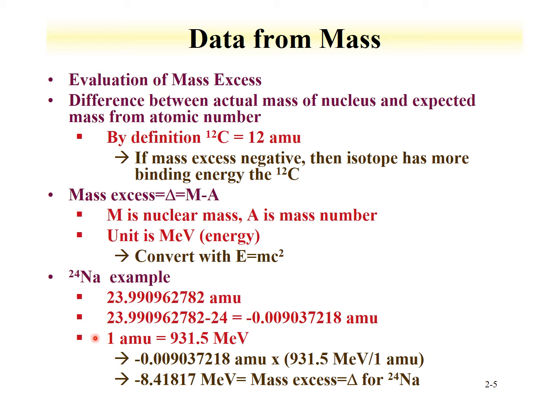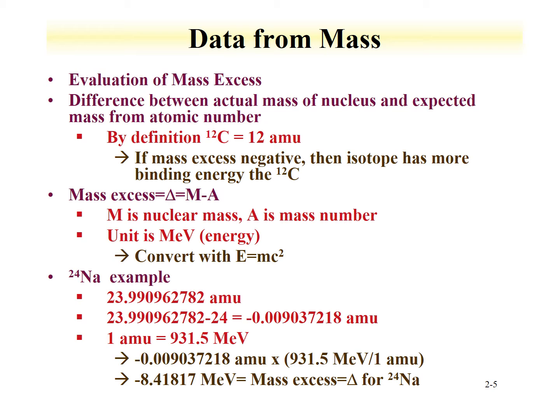It turns out that 1 atomic mass unit is equal to 931.5 MeV. So about 1 atomic mass unit is about 1,000 MeV, a reasonable rule of thumb. If I take this value and multiply it by 931.5 MeV per atomic mass unit, I get that the mass excess for sodium-24 is equal to negative 8.418, etc., MeV, mega electron volts.